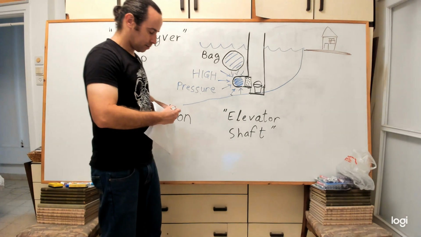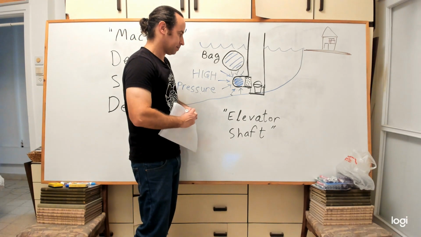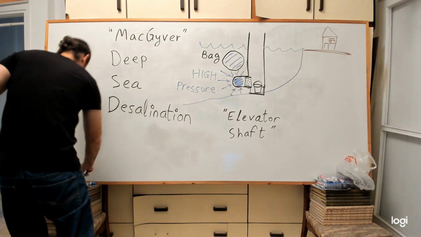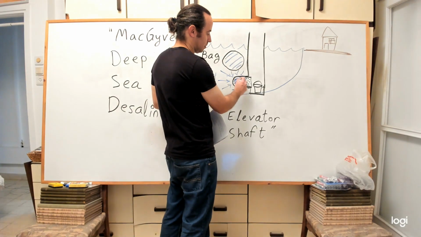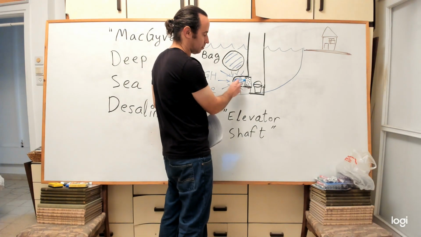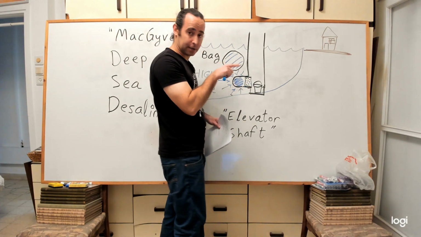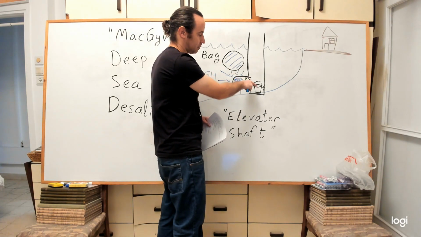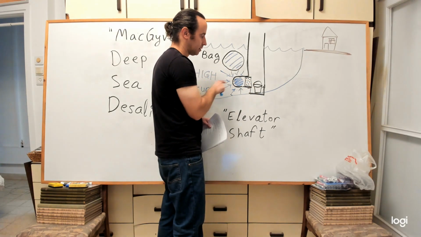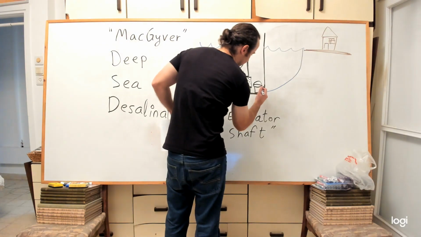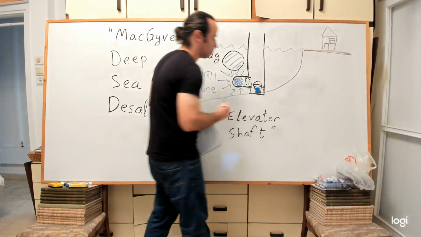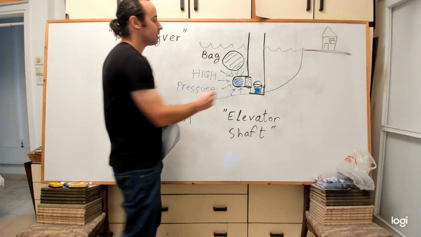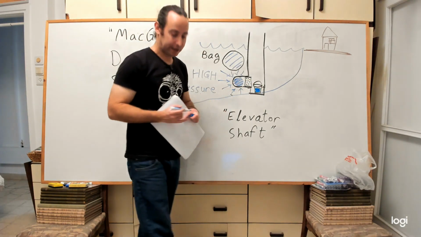Then all the water from the bag, the salty water, will go through the perforated holes, the perforated membrane, and will end up here where it's fresh water. Okay, so now we have fresh water for free here.